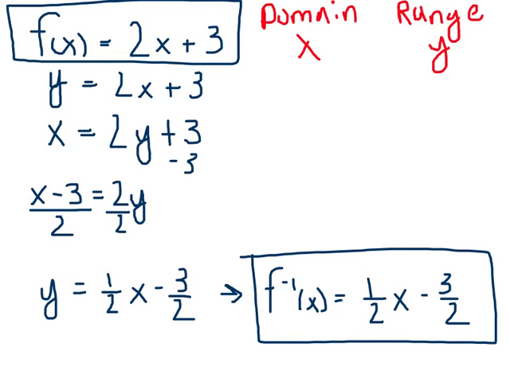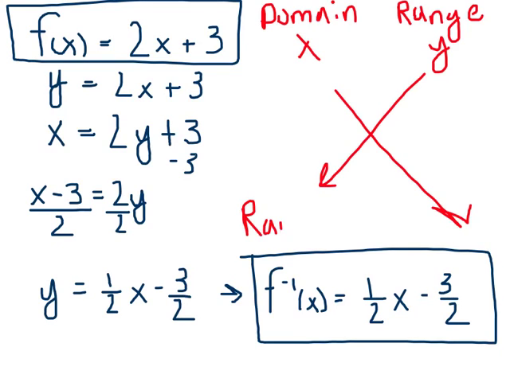In our inverse, those will switch. So the range of my original function will be the values of x, and the domain of my original function will be the values for y in my inverse.